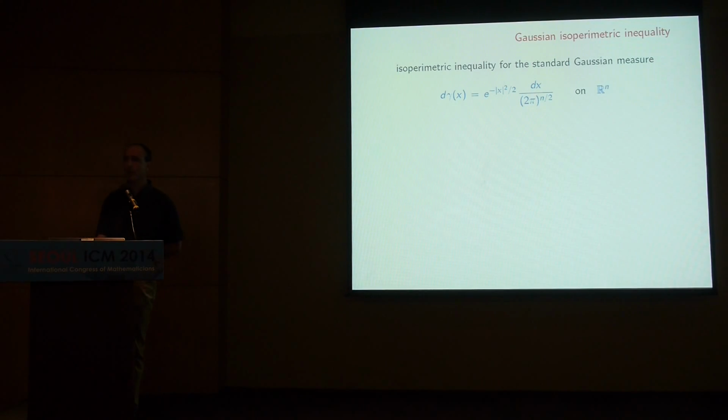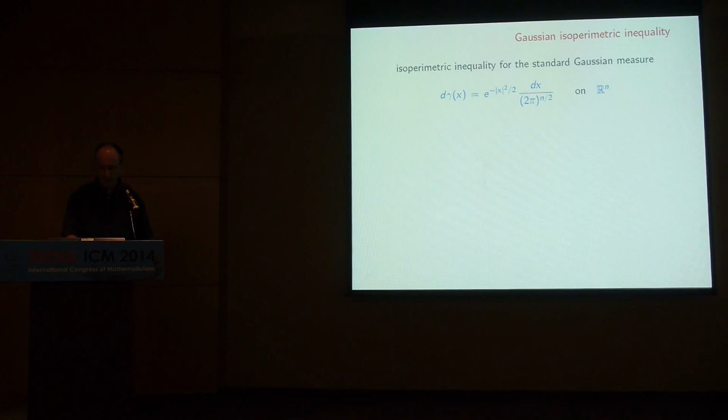So of course it's very classical that the classical isoperimetric inequality for the Lebesgue measure expresses that with fixed volume the balls are the ones with the minimal surface measure. Now the question is, what is the isoperimetric inequality when you have another measure on Rn, for example the Gaussian measure?